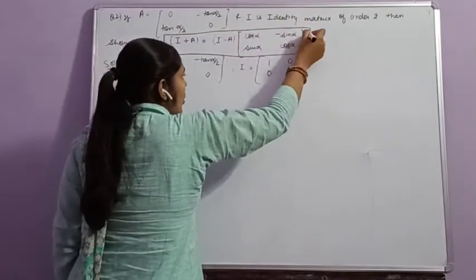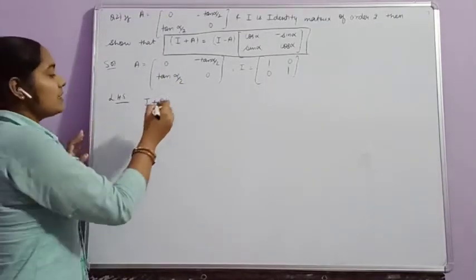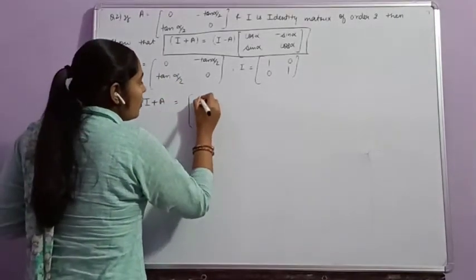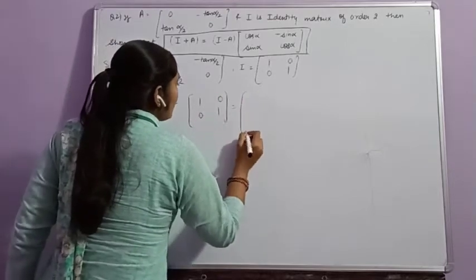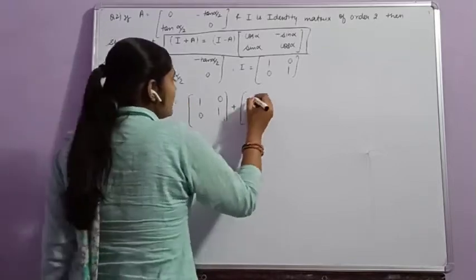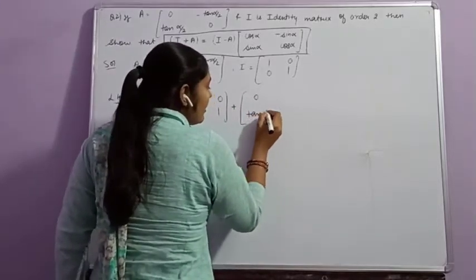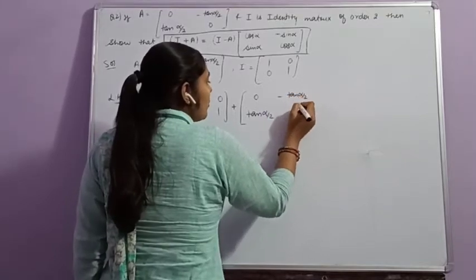So we solve the left hand side and right hand side separately. I plus A is equal to [1, 0; 0, 1] plus A, where the value of A is [0, tan(alpha/2); -tan(alpha/2), 0].